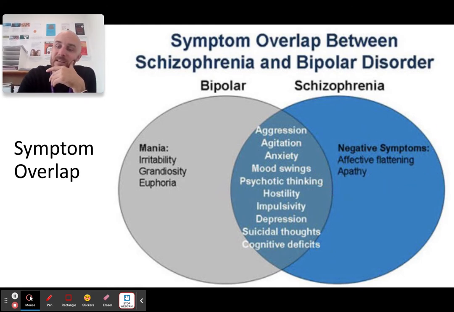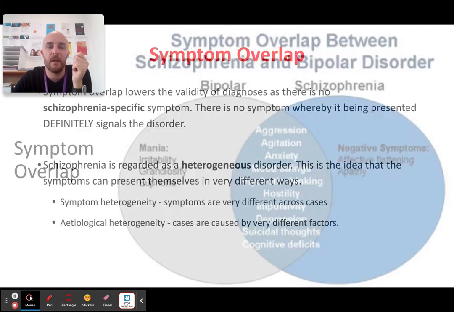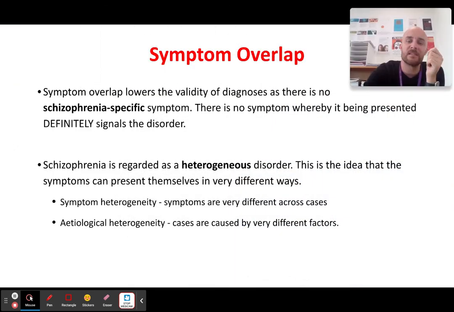No, because these symptoms are exclusive to depression, for example. So there's no symptom that is exclusive to schizophrenia. And that actually really affects, as I say, the validity of diagnoses, as there is no schizophrenia specific symptom. So as it says here, schizophrenia is regarded as a heterogeneous disorder, which is the idea that symptoms can present themselves in very, very different ways. So, for example, as opposed to homogeneous.